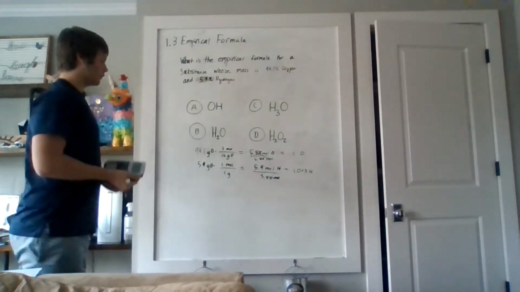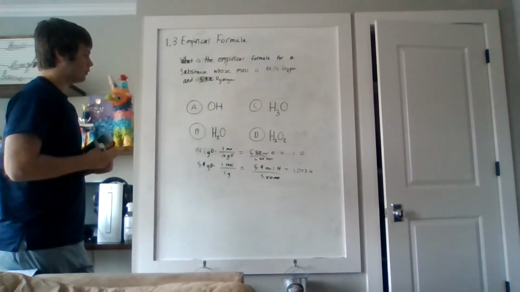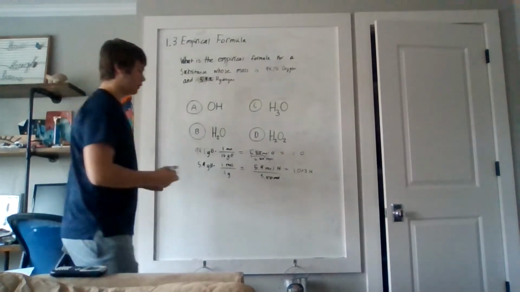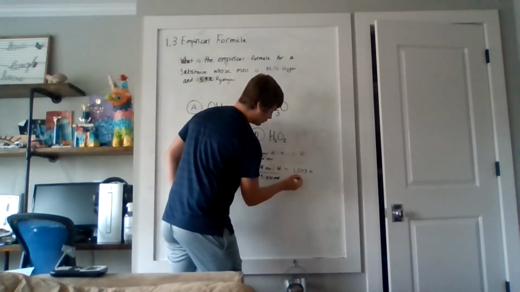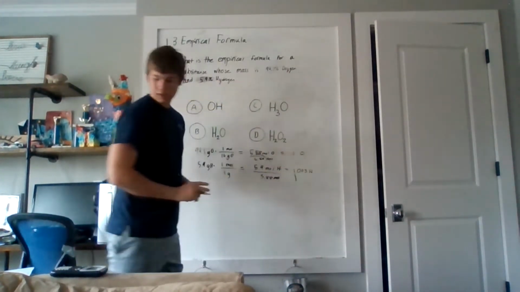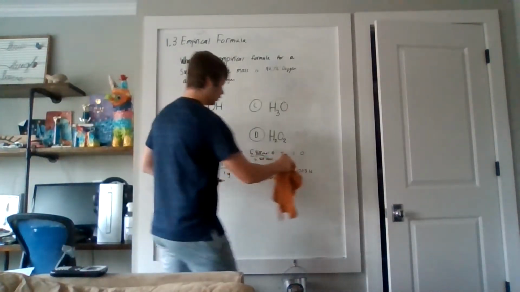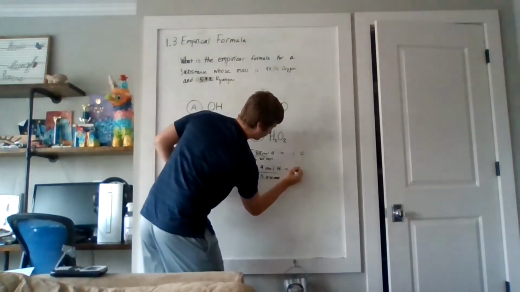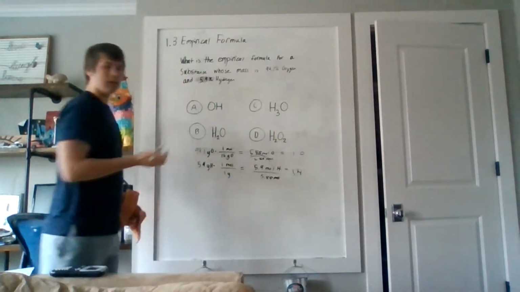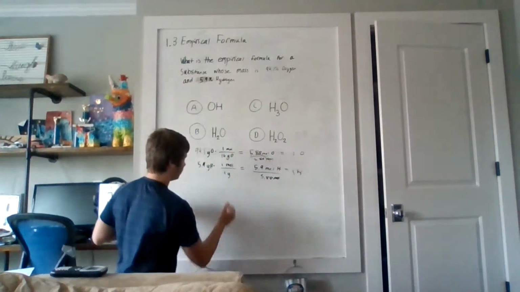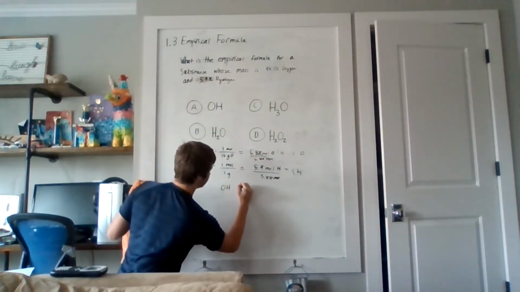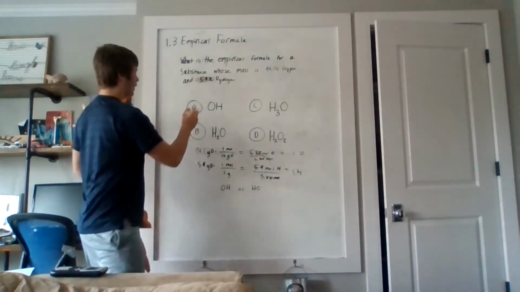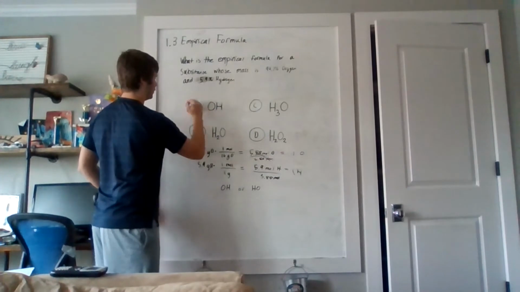So in this case, if you have something like 1 and 1.003, you can just round to 1 because it's close enough. And if you do that, we get an empirical formula of OH or HO. So that would mean our answer is A.